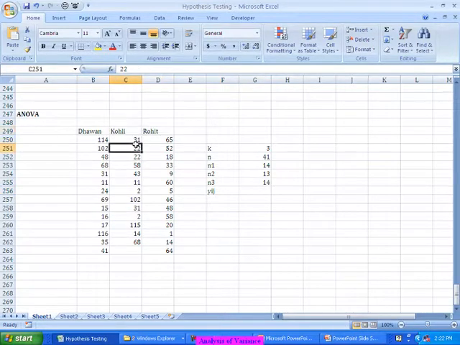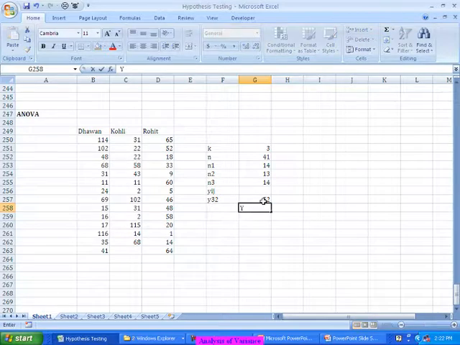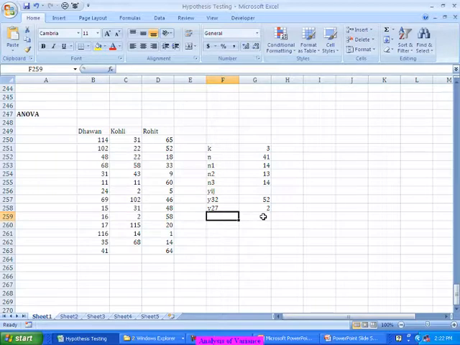There are 3 treatments. So when I say Y32, it means the third treatment, second observation, which is nothing but 52. Please be comfortable with that terminology. When I say Y27, it means the second treatment, seventh observation, which is 2. We should be comfortable with this when doing ANOVA analysis.